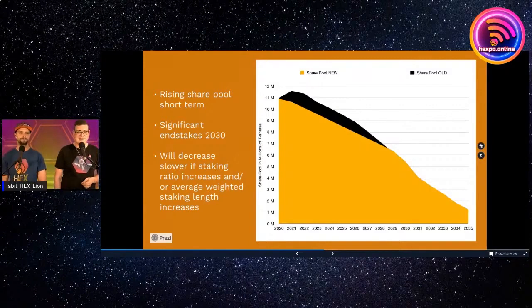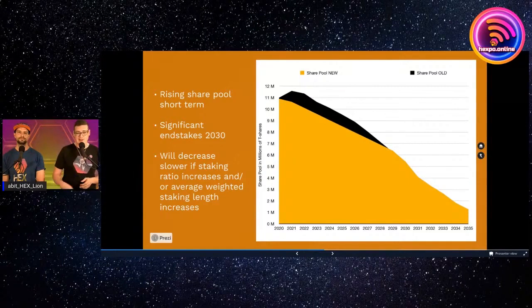Yes, that's correct. So that's great. The Hexagon community is finding out more and more about the power of T-shares, and in order to push the weighted average staking length so far out, a lot of new coins needed to be staked to the 5555 mark.